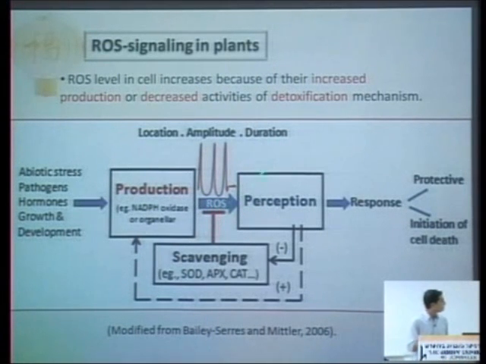Because these reactive oxygen species are highly reactive and not stable, the duration also determines the specificity of the ROS. So when this reactive oxygen species gets accumulated, the signal is perceived, which is responded to either as a protective role or as a destructive role by initiating cell death.